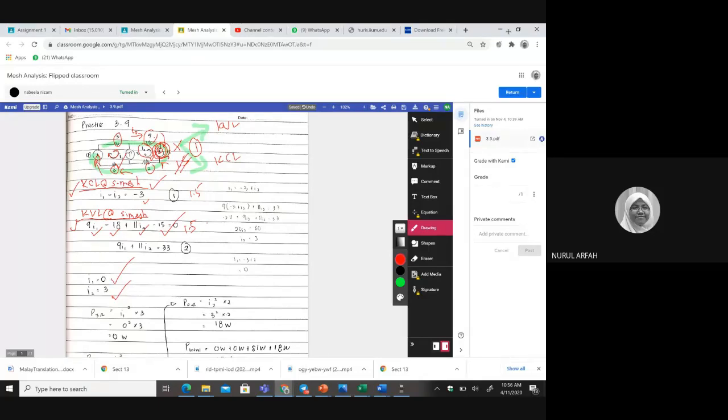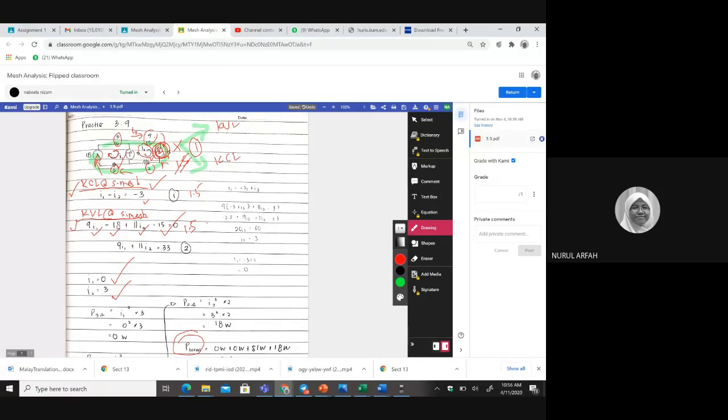Because if you want to get a total summation here, you need to plus everything, meaning all active and passive devices, the summation should be equal to 0.